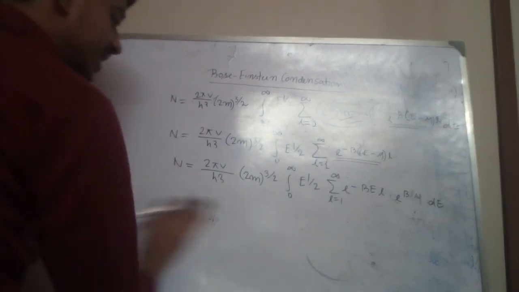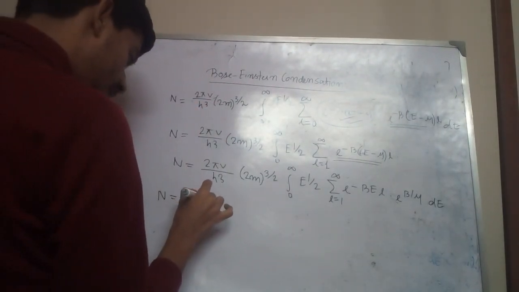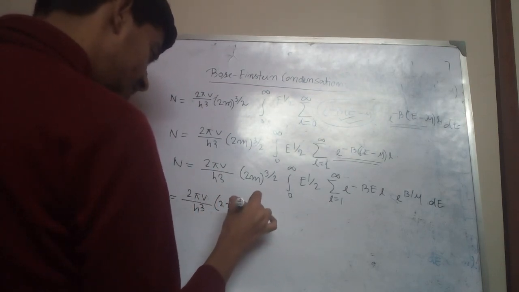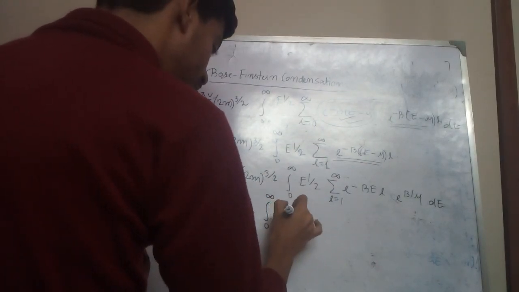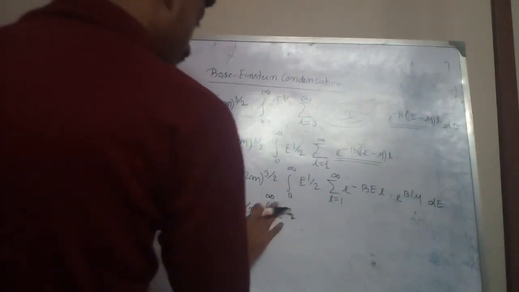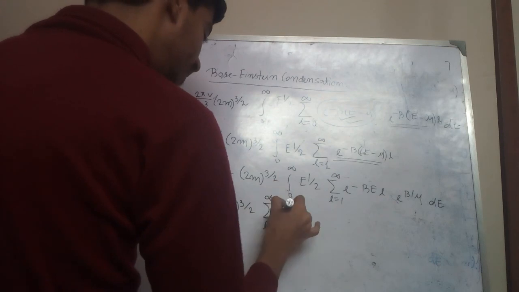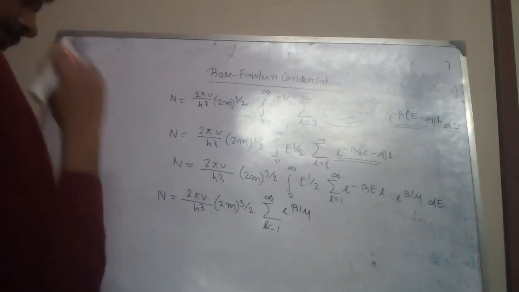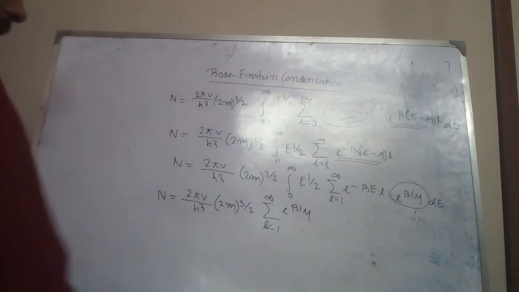This term is a constant term. The constant part is L running from 1 to infinity e to the power beta L mu. This is the constant part.